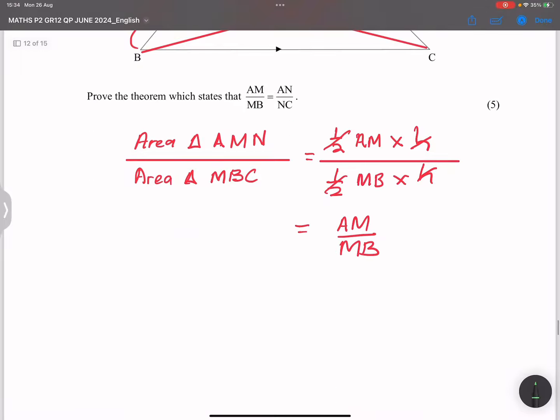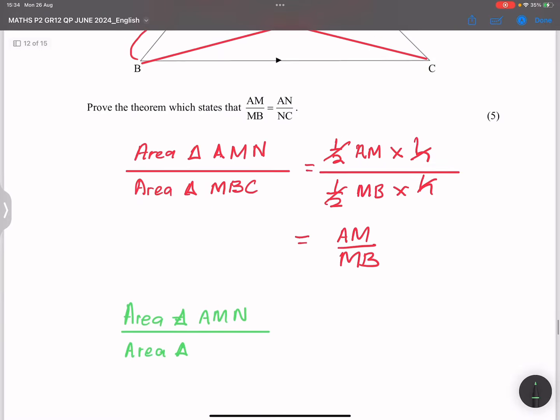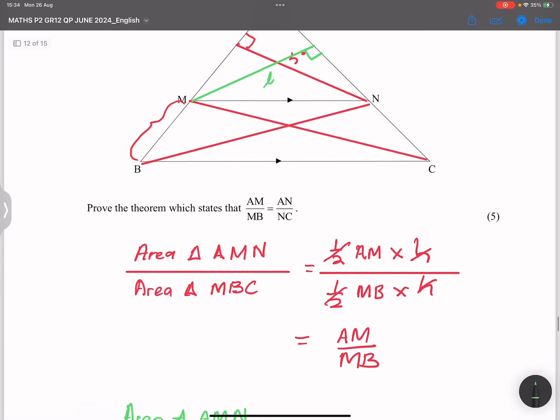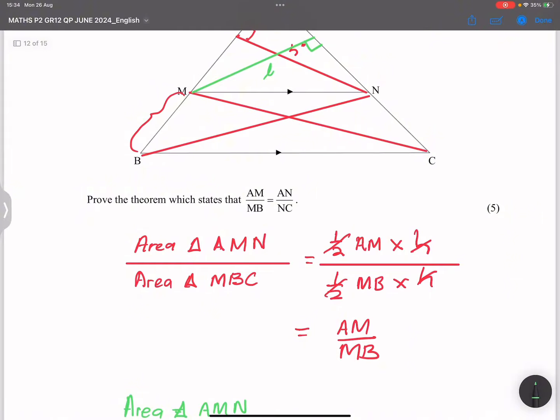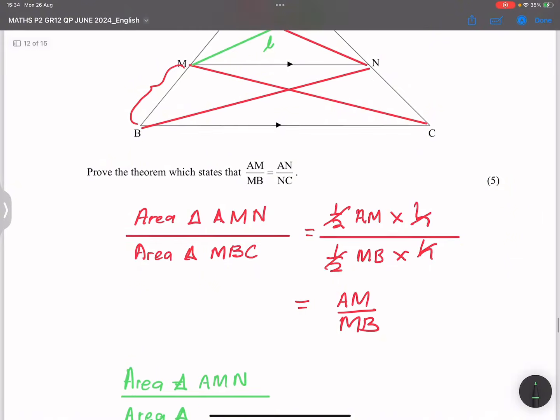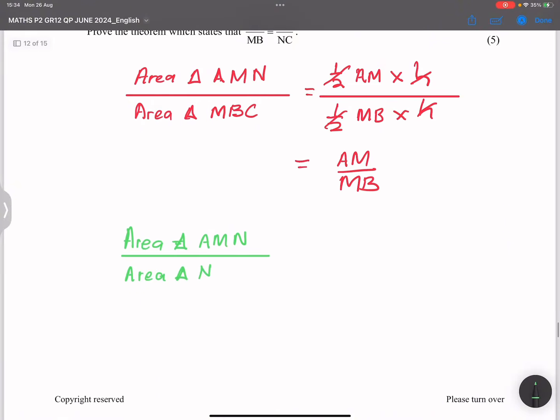So that means if I take the area of triangle AMN divided by the area of triangle NBC, this would be half.